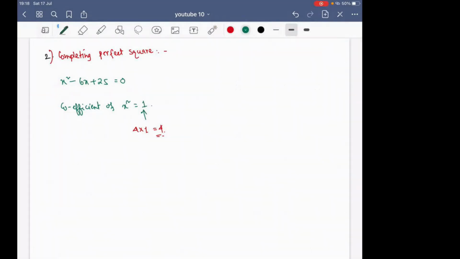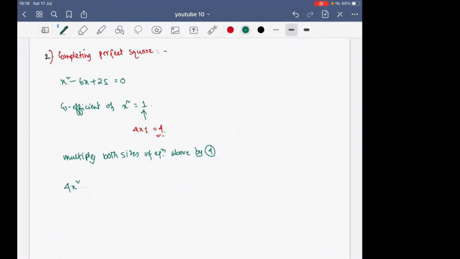What are we going to get? We are going to multiply both sides of the equation above by 4. So what do we get? Multiply this by 4, we get 4x squared, isn't it?